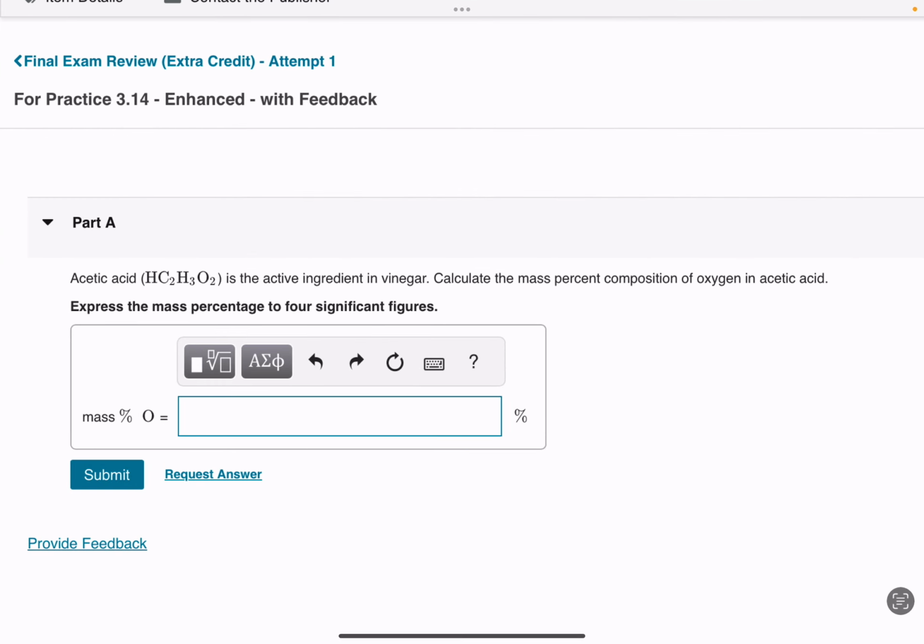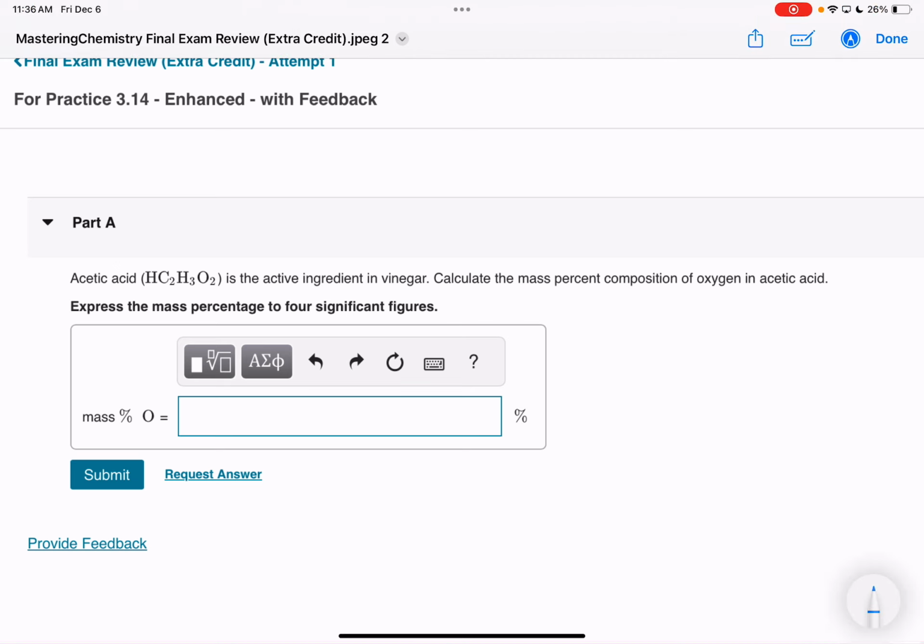Percent composition. So percent composition is going to be the grams of the thing you're looking at. So in this one, it says oxygen is what we care about, over the total grams of the molecule, or HC2H3O2 in this case.